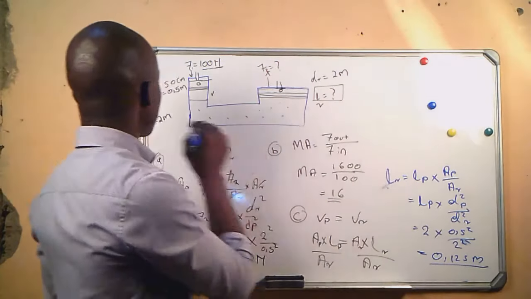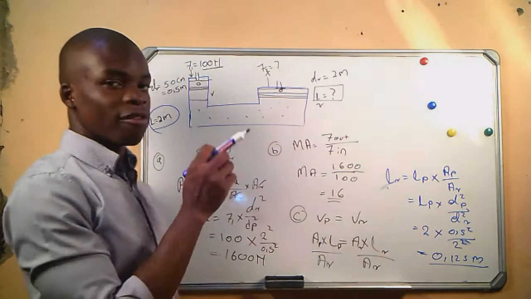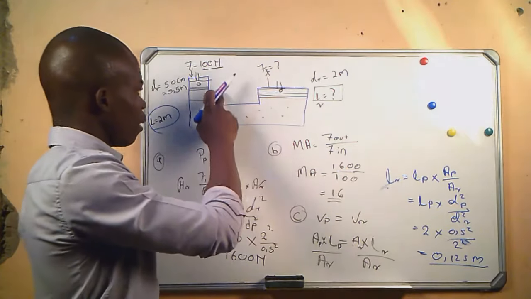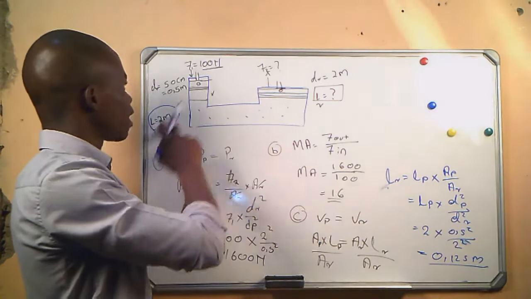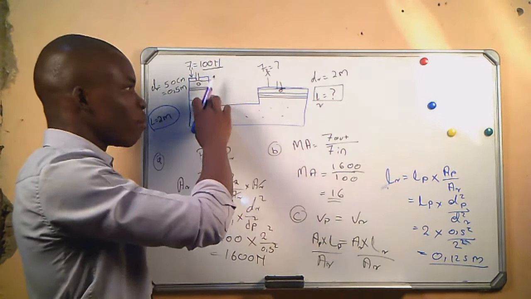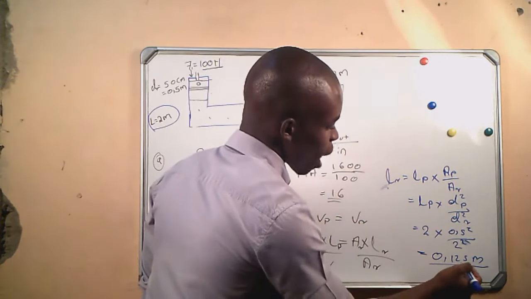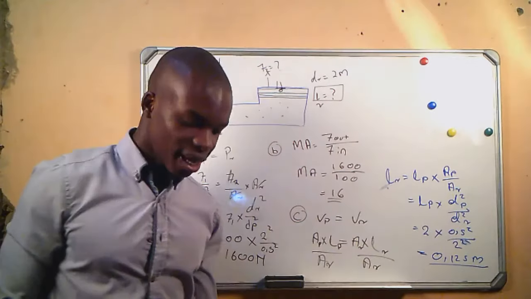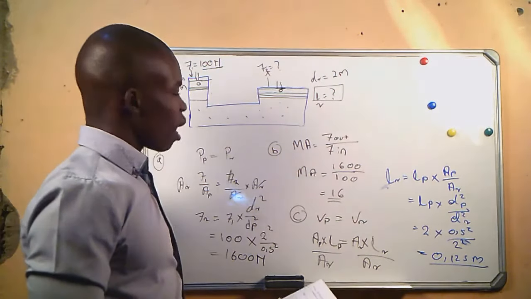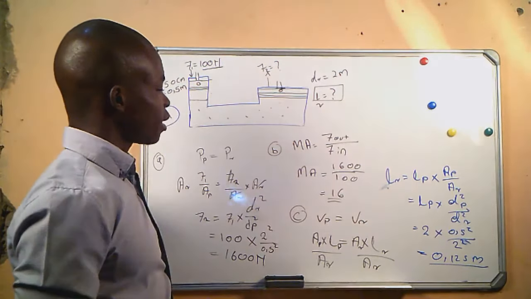So for every 2 meters that the piston in the plunger moves, the piston on the ram will only move 0.125 meters.